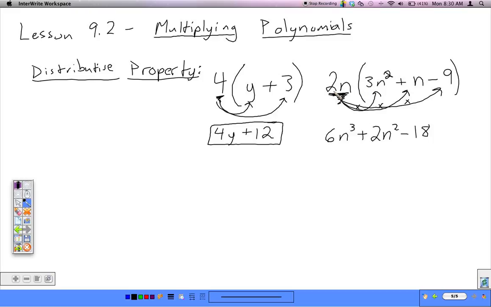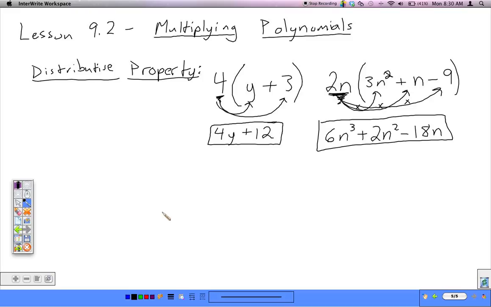And since there is only one n being multiplied here, there's only going to be one n left. And this is as good as our answer can get, because none of my terms have a variable and an exponent that are the same. And this is actually the process of multiplying polynomials.